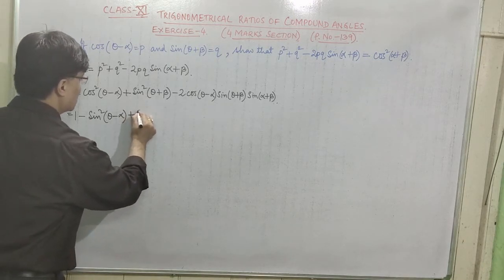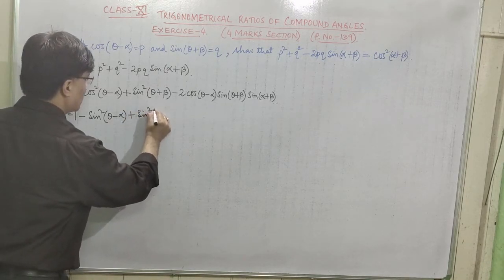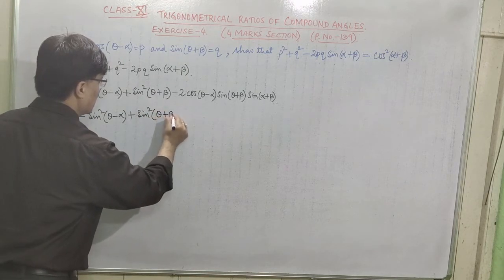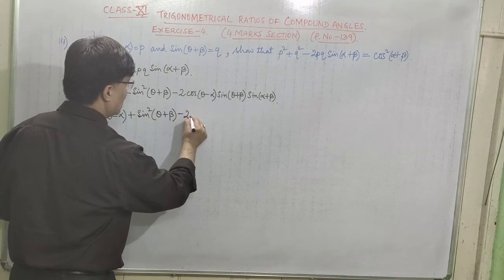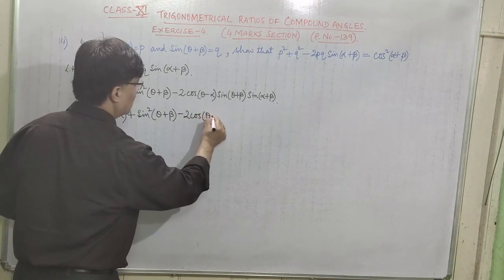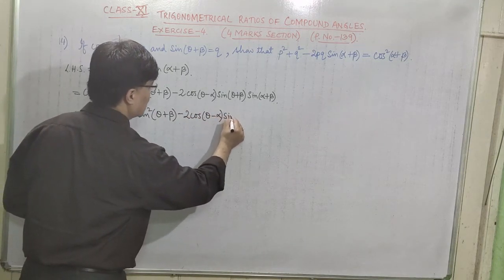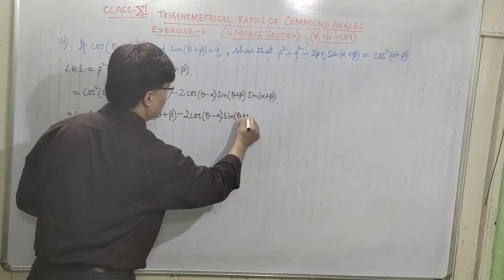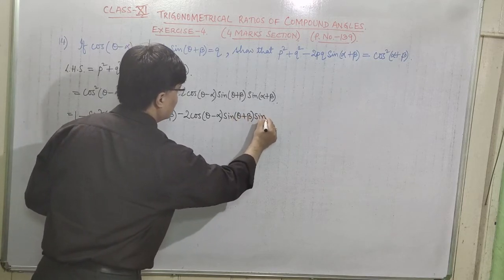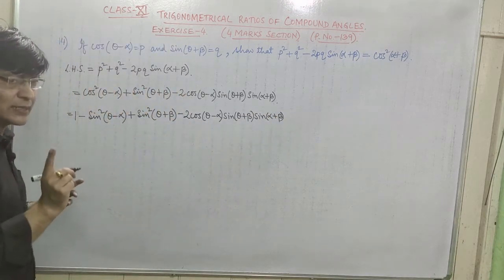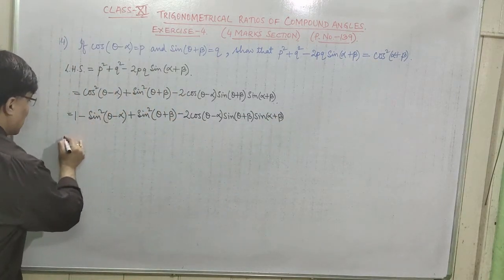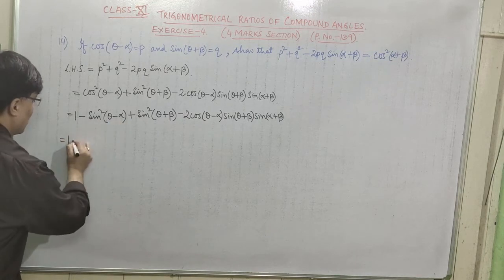Then it is plus sine square within bracket theta plus beta, minus 2 cos of theta minus alpha, it is kept as it is, sine of theta plus beta, sine of alpha plus beta. Is that clear? So now let us take common from these two terms. What is common?